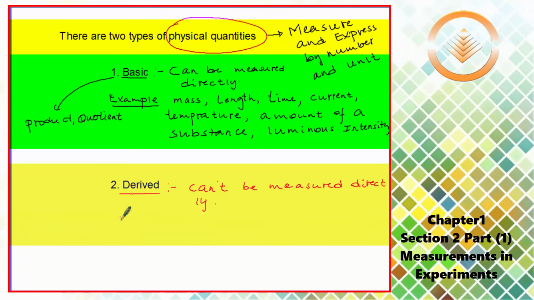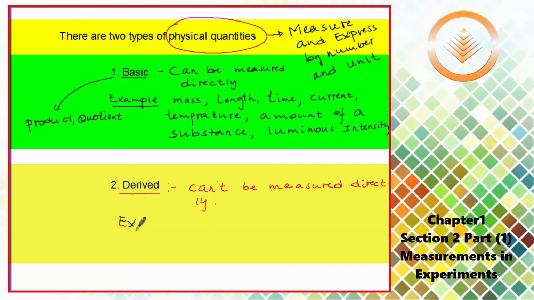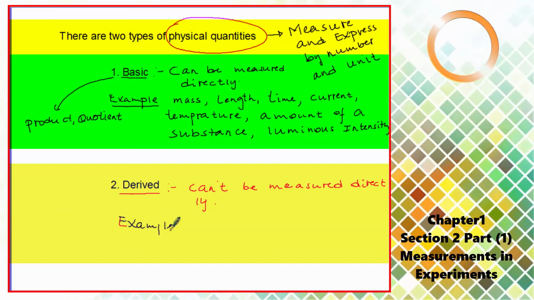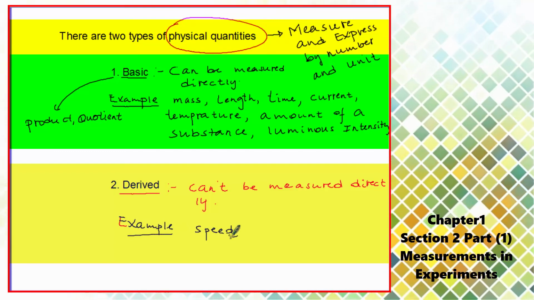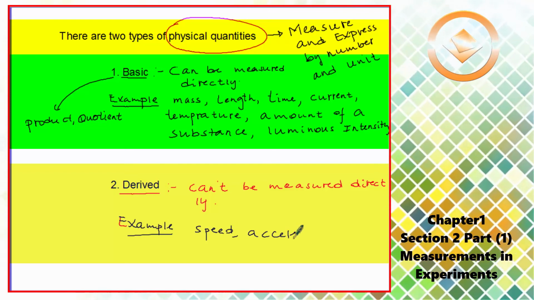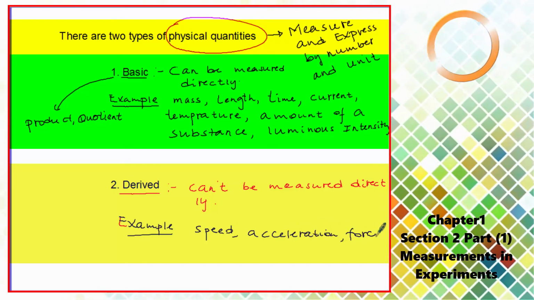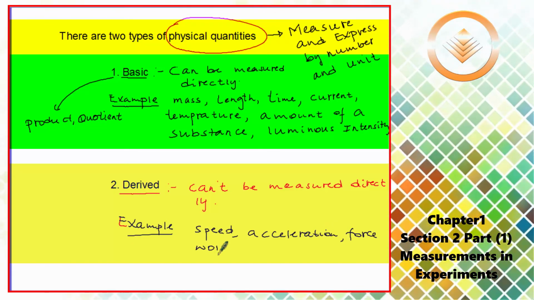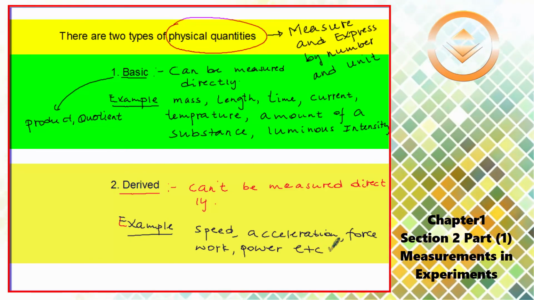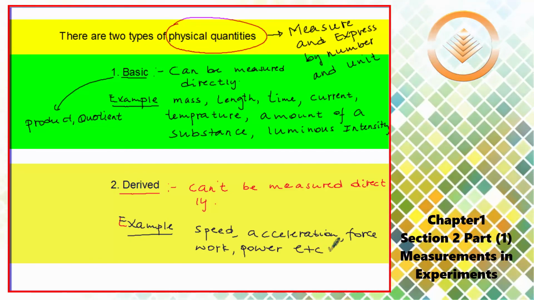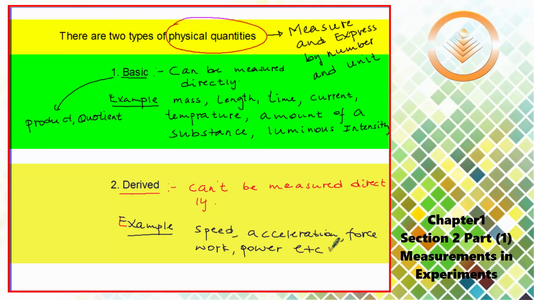Examples of derived physical quantities are speed, acceleration, force, work, power, etc. So these are the two types of physical quantities that we have. One is basic, the second one is derived.